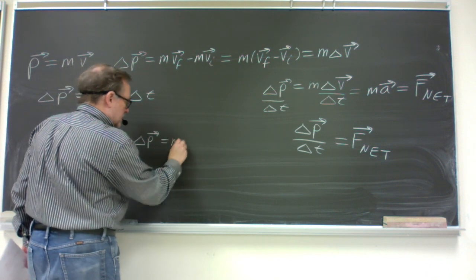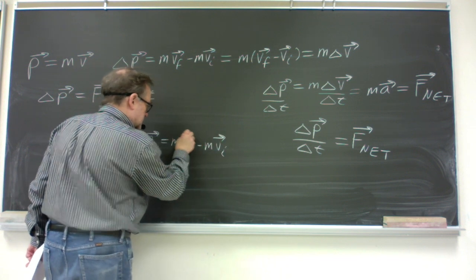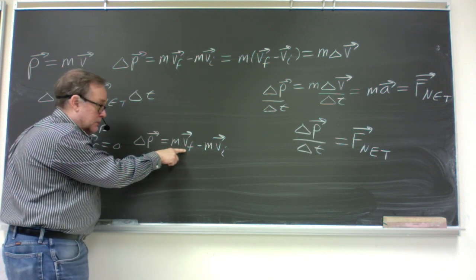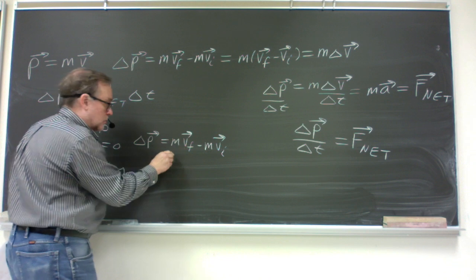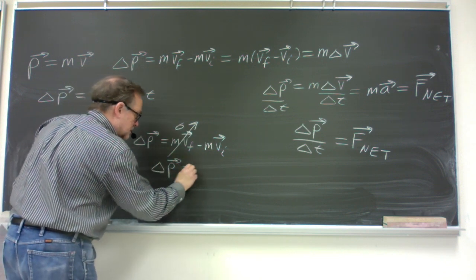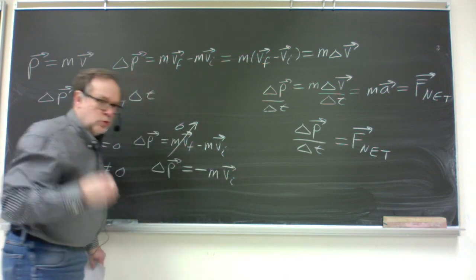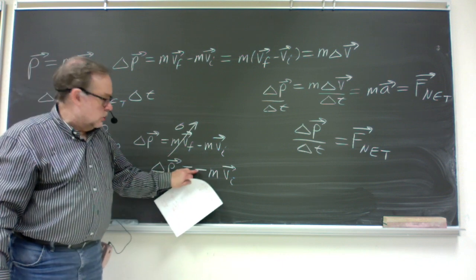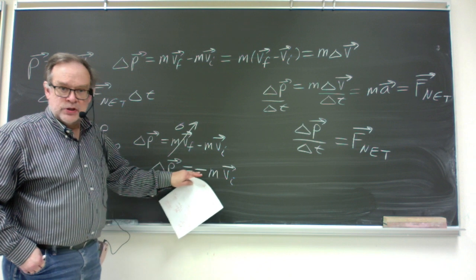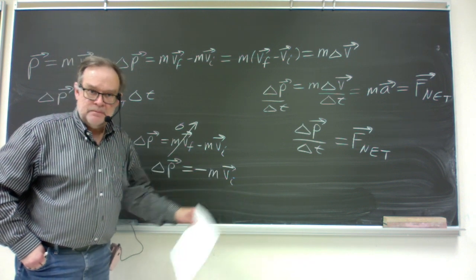is the final momentum minus the initial momentum. But of course, the final momentum is mass times final velocity. You've come to a stop, so the final velocity is 0. So your change in momentum is just minus the initial momentum. It's a loss of all your initial momentum. The change in momentum just amounts to your initial momentum all being subtracted away.